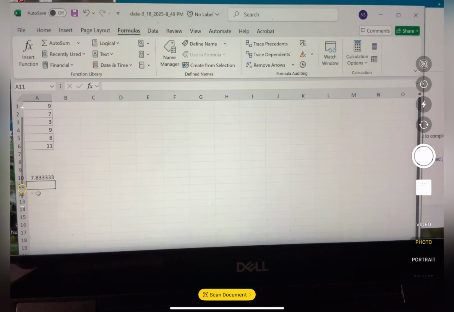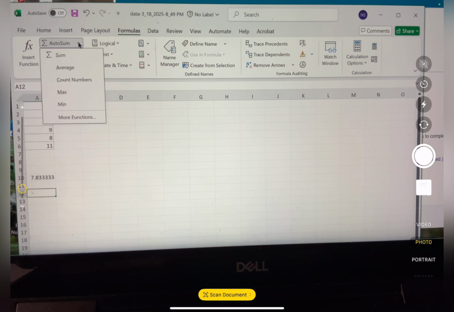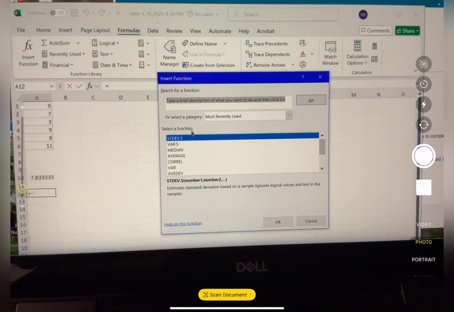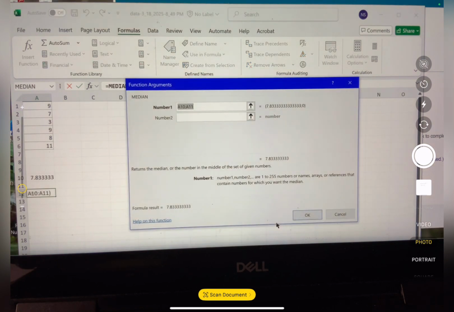Let me see if I can find median here. No. All right, clicking more functions. I'm typing here. There we go, median.